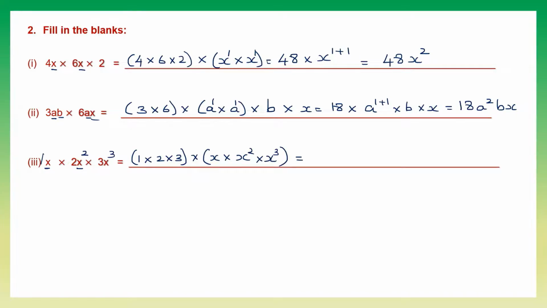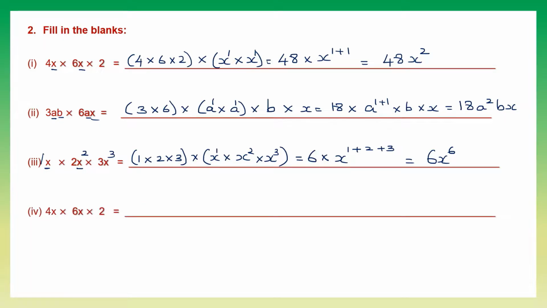So let's multiply. 1 2s are 2, 2 3s are 6 into x to the power of, now this is 1. So 1 plus 2 plus 3, add all this up, 1 plus 2 is 3, 3 plus 3 is 6. So our answer is 6x to the power 6.